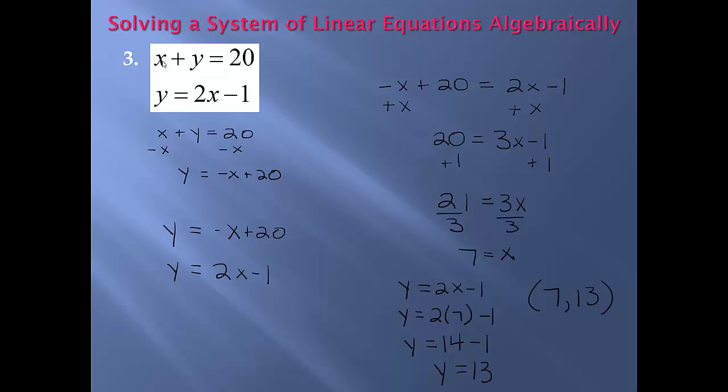So we can see here that if x is 7 and y is 13, 7 plus 13 equals 20. For the second one, if we plug in 7 for x, 2 times 7 is 14, minus 1 is 13, which is our y value. So 7, 13 is the solution to this system of linear equations.